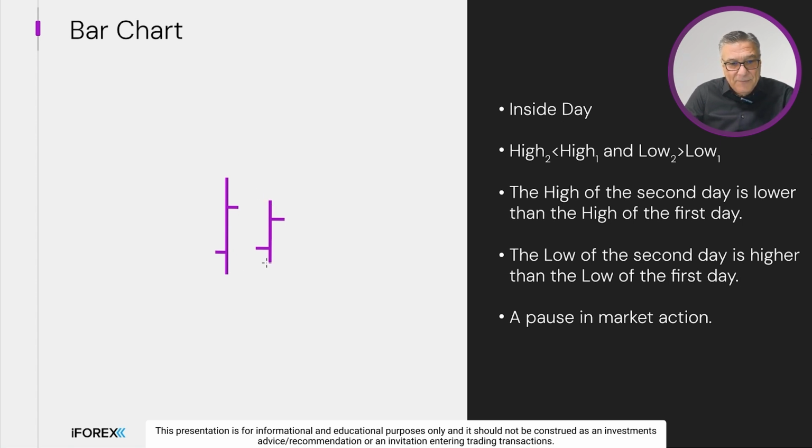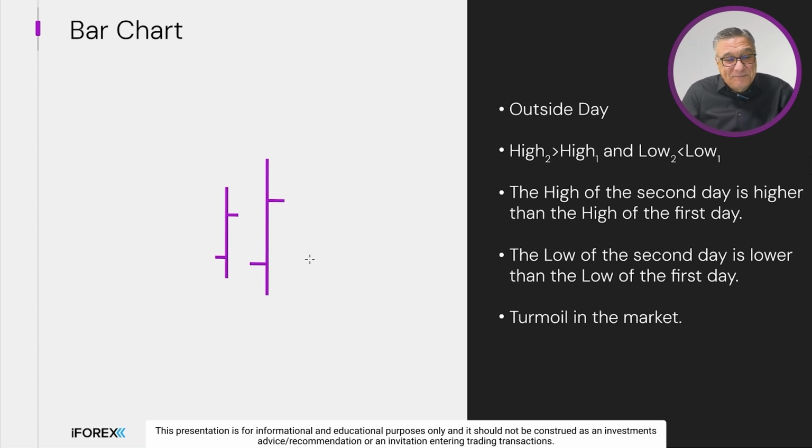Lower high, higher low. And of course, it implies that there is an indecision in the market. There is a pause in the market, traders, the market is expecting some news to come out before they decide their next move.